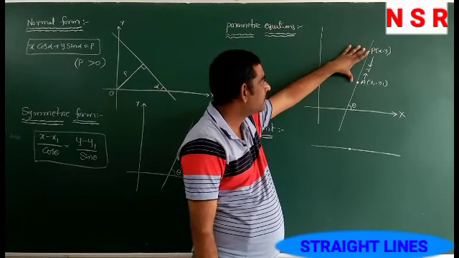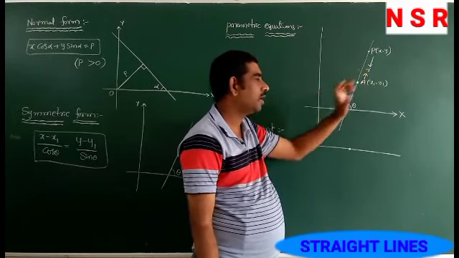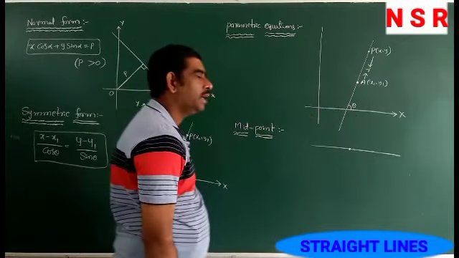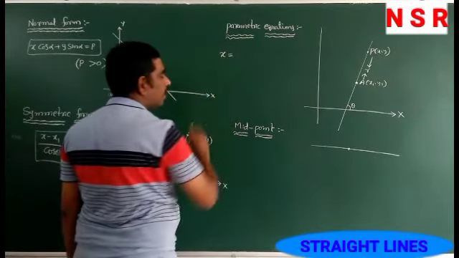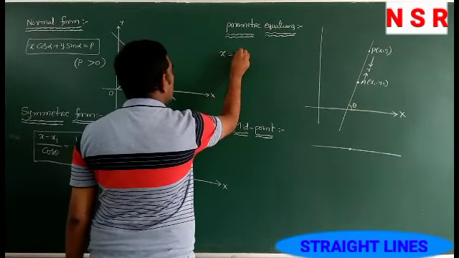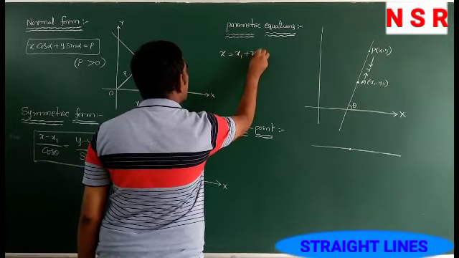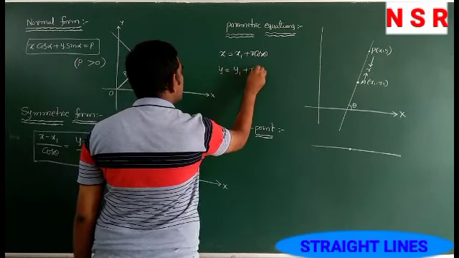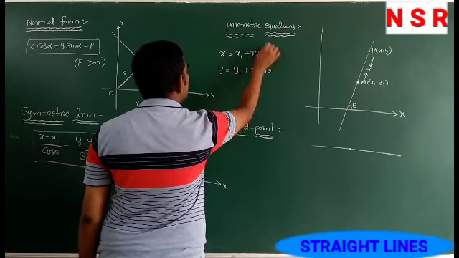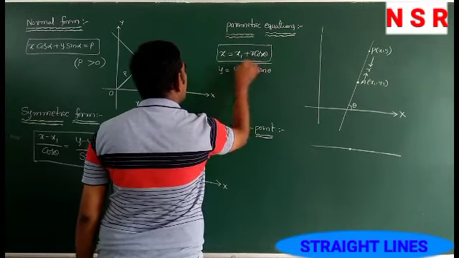The distance between these two points, AP, is r, and this line makes angle theta with the x axis. Then the parametric equations are x equals x1 plus r cos theta, and y equals y1 plus r sin theta. So these are called parametric equations.